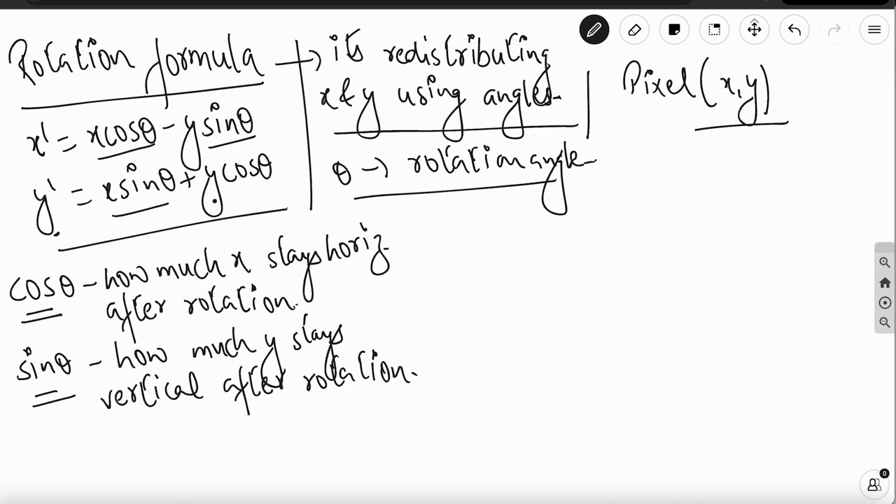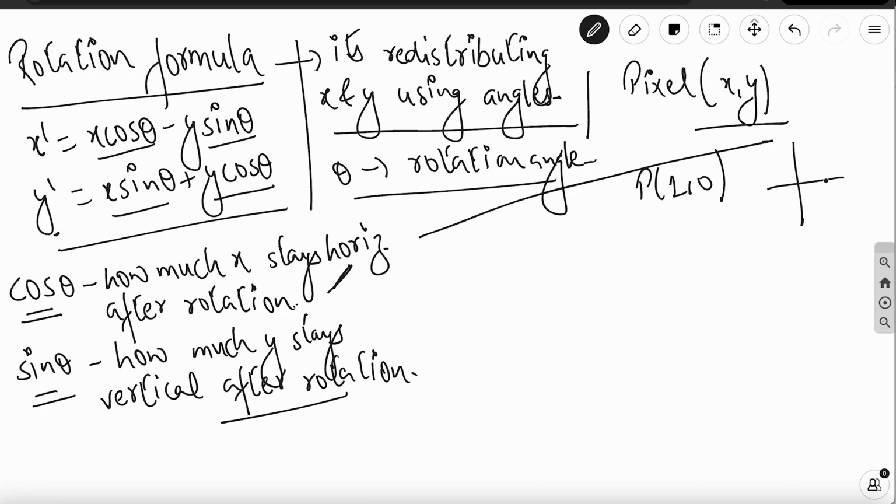We know that cos is concerned with the horizontal component and sin with the vertical component. So cos theta represents how much x stays horizontal after rotation, and similarly how much y stays vertical. For example, we take one point P, 1 comma 0, on our axis. Now we make a 90-degree anti-clockwise turn.